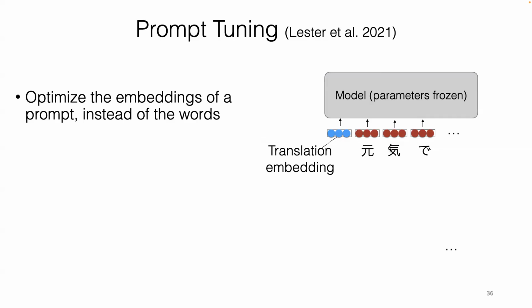Again, I didn't show the full example visually, but you would have, in this example, a Japanese sentence and an English sentence. You would get some loss and then take the gradient. And then instead of updating all of your model's parameters, you just update this embedding here.